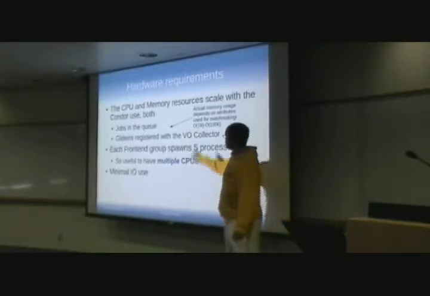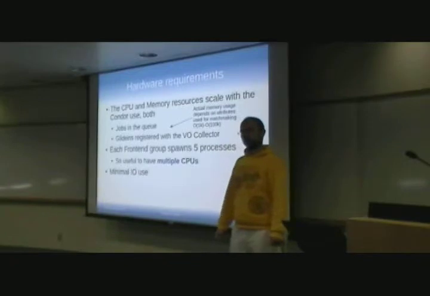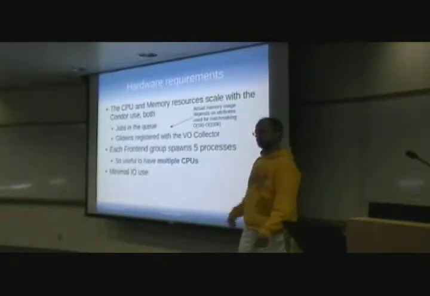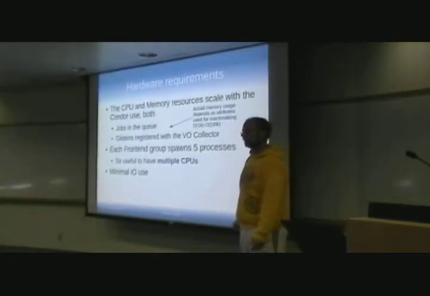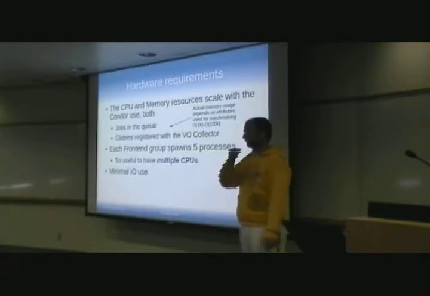And the actual amount depends a lot on what attributes you use for matchmaking. So if you use big attributes for matchmaking, it will use a lot. If you essentially have a matchmaking of true, it will use very, very little, essentially a few hundred bytes.